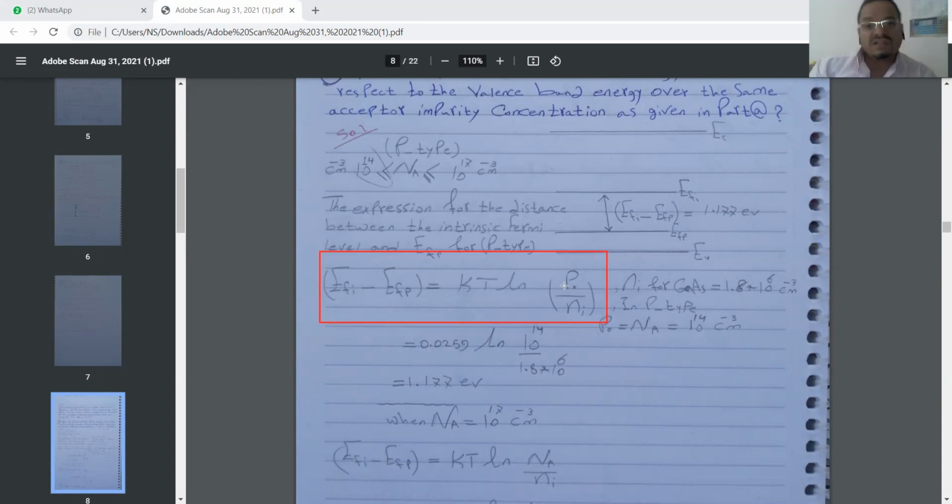Here, because we're dealing with p-type dopants, that means from the mass action law, p0 equals the acceptor concentration. Okay, at the valence band, we will start by using this value, 10^14, to find the result of this bracket.